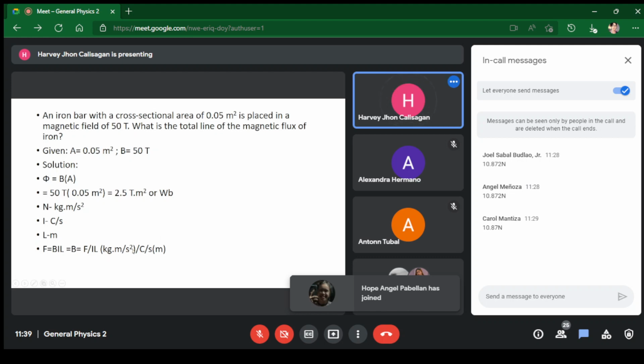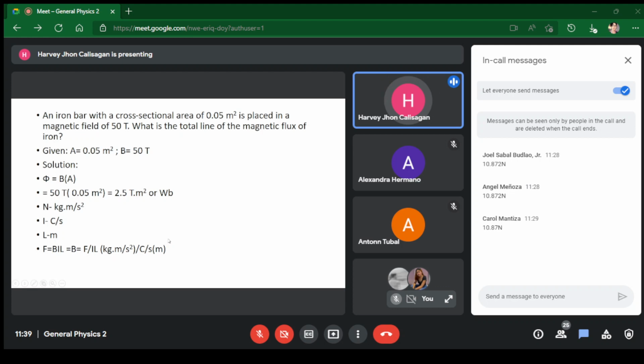Okay? Because for magnetic flux we have Tesla meter squared or Weber. So for the Tesla, we have kilogram meter, or let's say, okay.